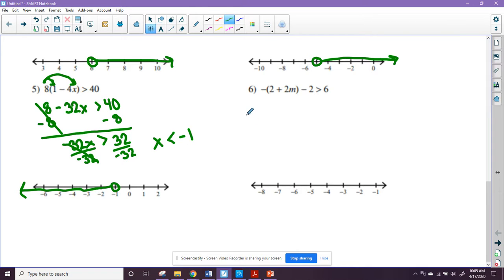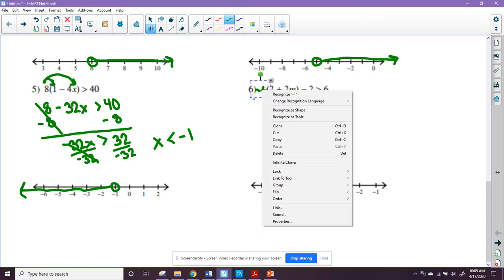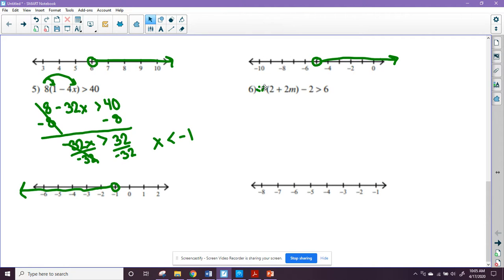The last problem we're going to look at is number 6. We have parentheses. We have to get rid of the parentheses. Let's redo that. So we want to think of this negative as -1.